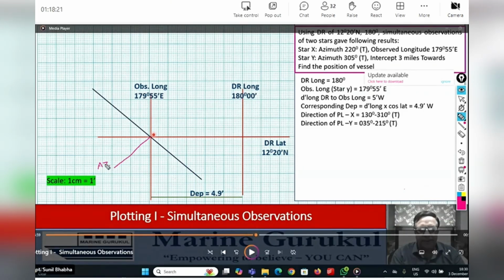If you do not want to make it, it is perfectly all right, because you have shown the direction here. The direction of the PL is already calculated here, so you can directly plot it in this direction. But if it makes you comfortable, you can show the azimuth here also. There is no problem at all. Here it is. Okay, beta, clear?